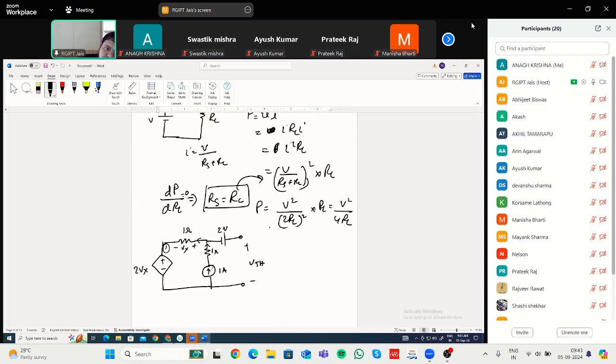If the current flows through this 1 ohm resistance, this will be plus, this will be minus, 1 multiplied by 1, that is 1 volt. Same amount of current is flowing through here. Again, this is 1 ohm and 1 ampere current is flowing through this, so 1 multiplied by 1, this will be your 1 volt.